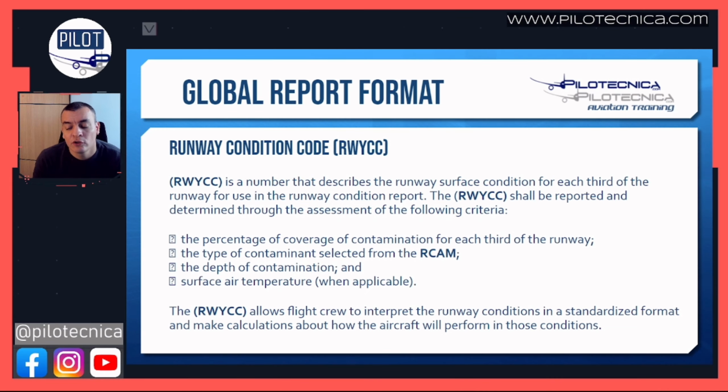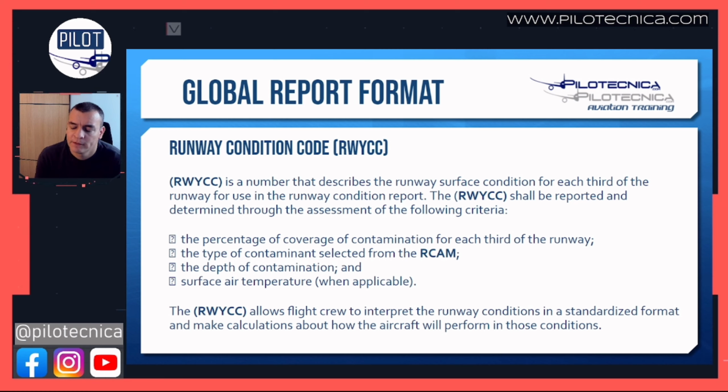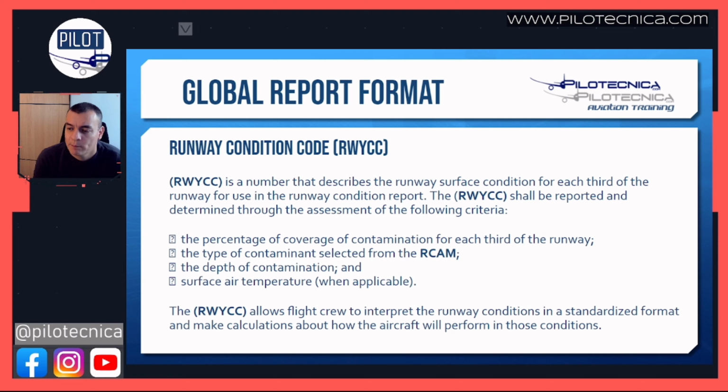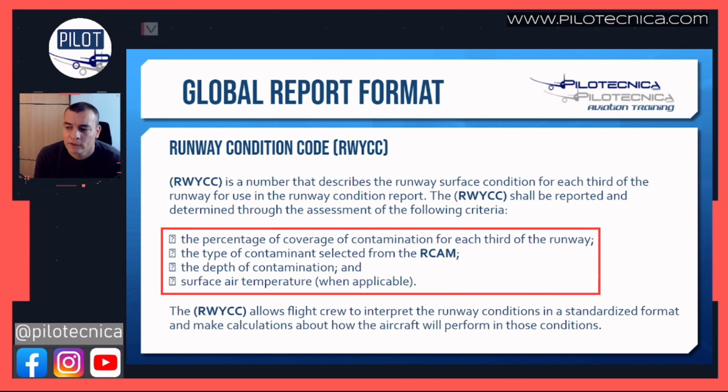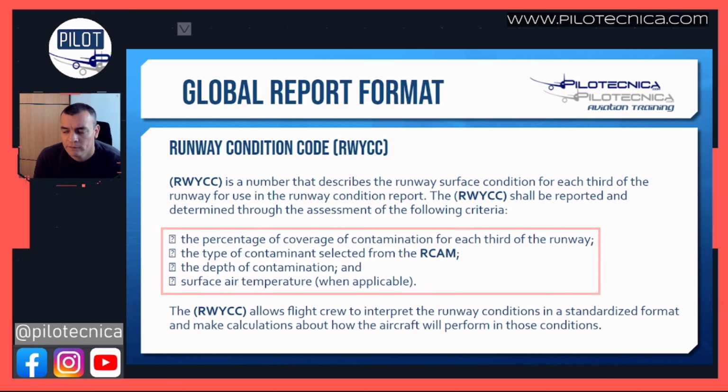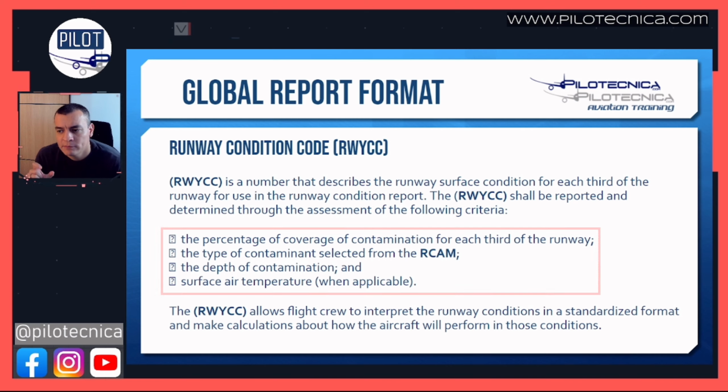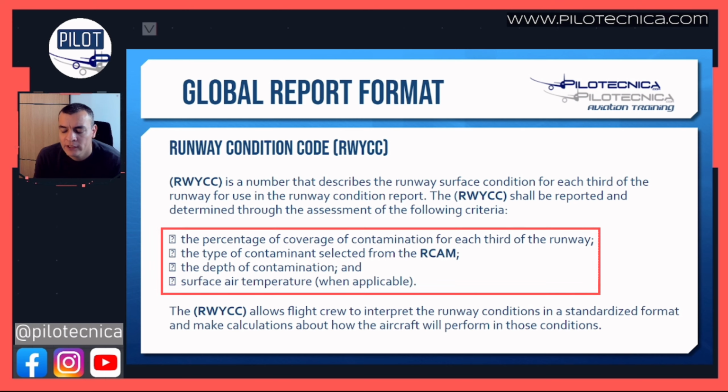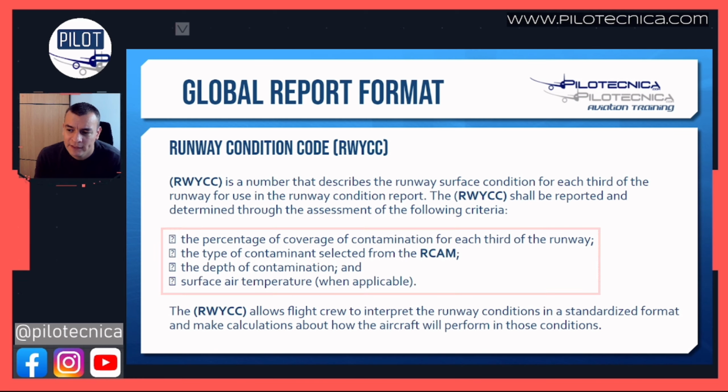The Runway Condition Code should be reported and determined through the assessment of the following criteria: the percentage of coverage of contamination for each third of the runway, the type of contaminant selected from the Runway Condition Assessment Matrix, the depth of contamination, and surface air temperature when applicable.